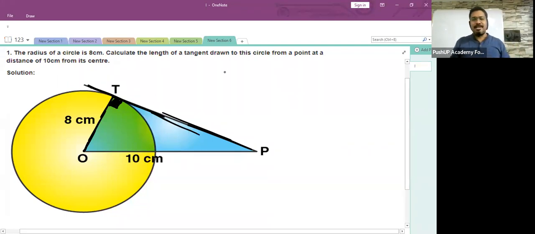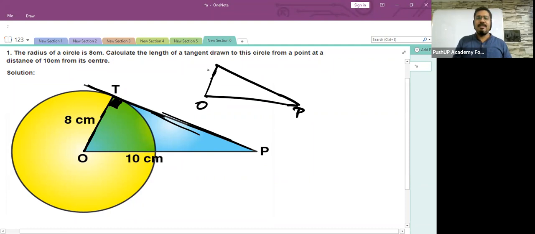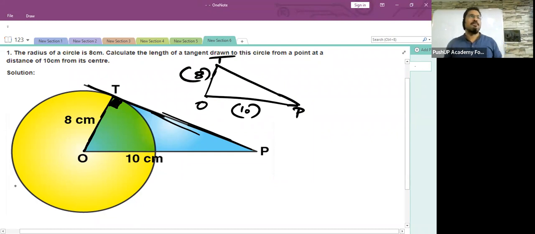You know this angle is 90 degrees. So what kind of a triangle is triangle OTP? Yeah, right angle triangle. When a right angle triangle is given, to whom do we go for help? Pythagoras Baba, isn't it? So children, OP is how much? 10 centimeters. OT is how much? 8 centimeters. This angle is how much? 90 degrees. Hypotenuse square minus base square. I think children, you get the answer as 6 centimeters.